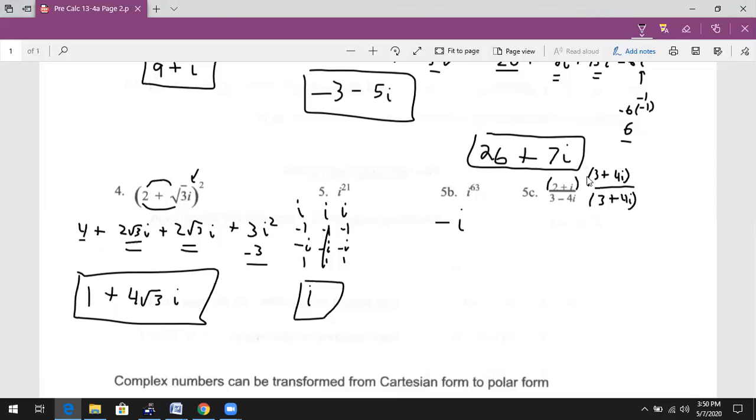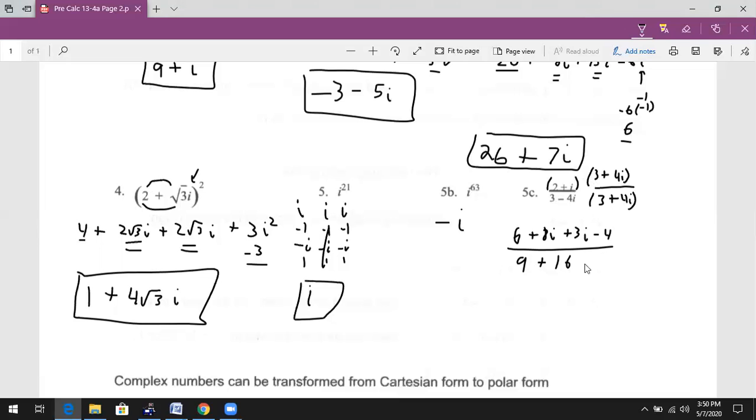Now up top we have to FOIL. 2 times 3 is 6, plus 8i, plus 3i. Then i times 4i squared, if you remember, is basically 4i squared, or net minus 4. Down here, 3 times 3 is 9. The outsides and insides drop. Negative 4 times positive 4 is negative 16, but i times i is a negative 1.